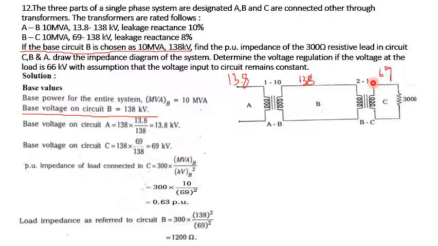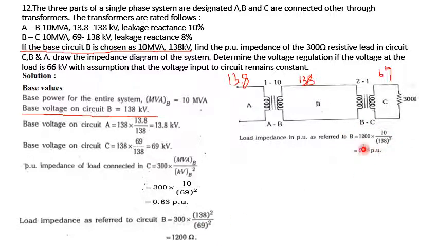Okay, what is the voltage ratio? This is 138 by 69. You can convert depending upon how you are transferring from secondary to the primary side. This is nothing but 138 by 69, square of this value, so we will get 1200 ohm across the secondary circuit.